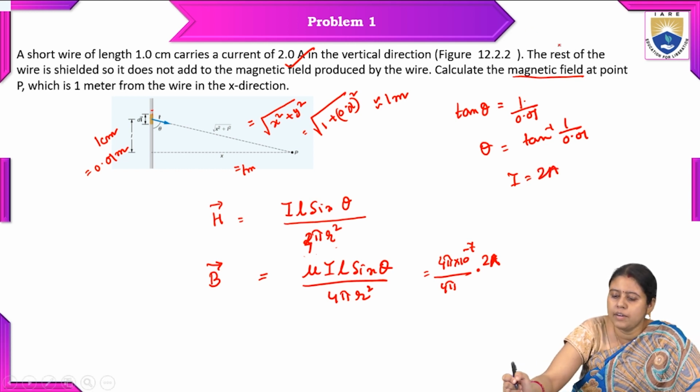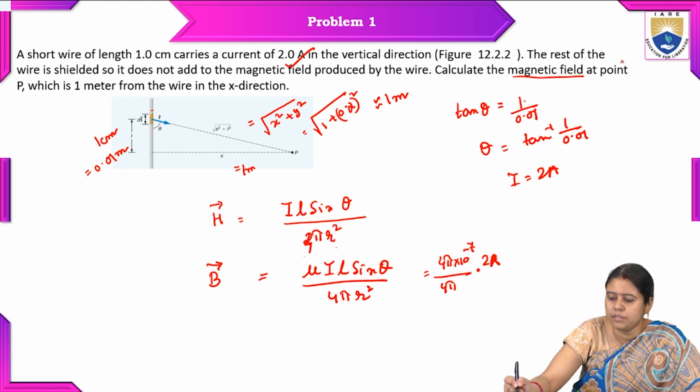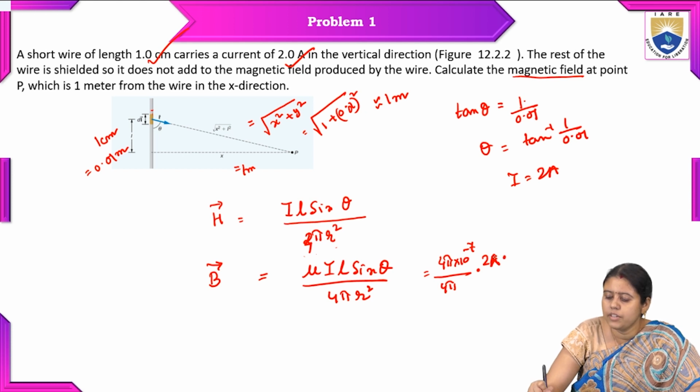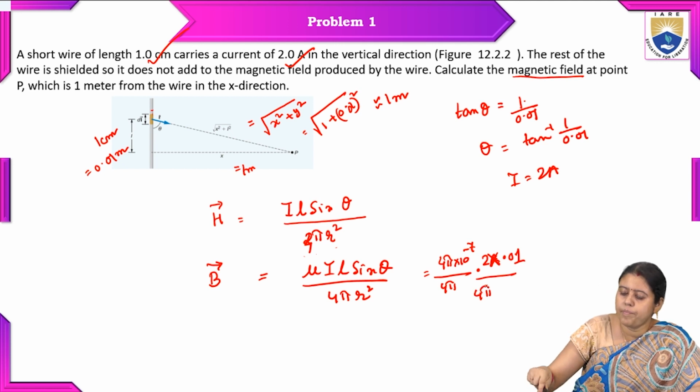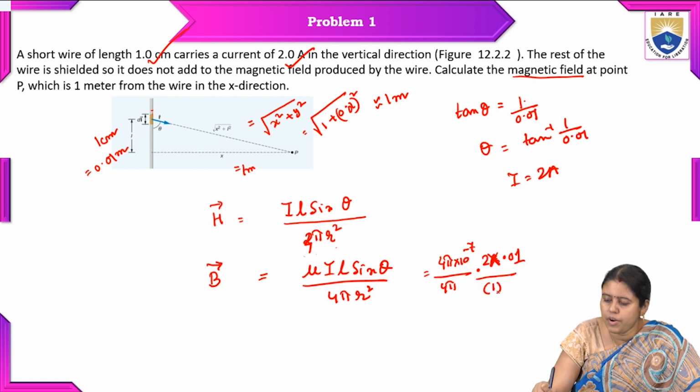Then the value of dl is given as 1 centimeter. So it is 2 into 0.01 by 4 pi, 4 pi I already wrote, r square. r is almost 1 meter, so 1 square, sin theta.